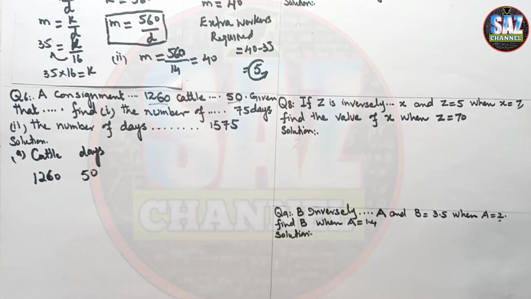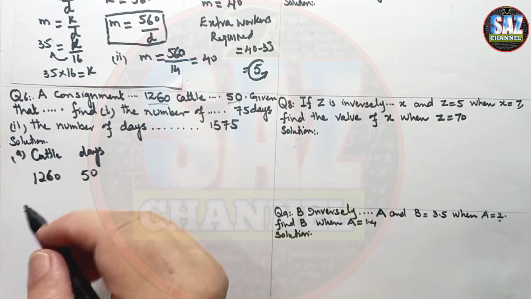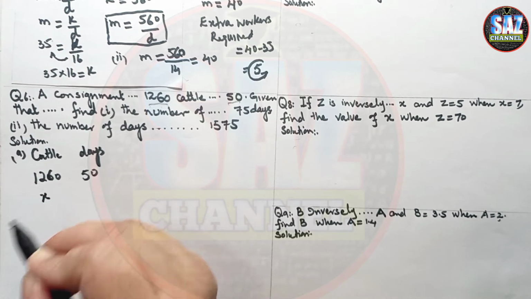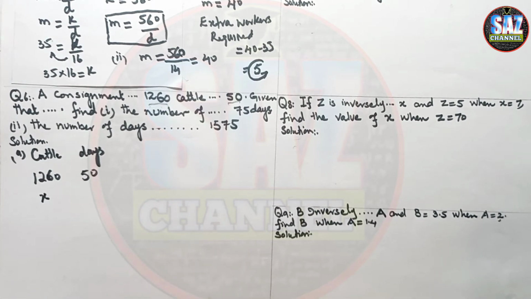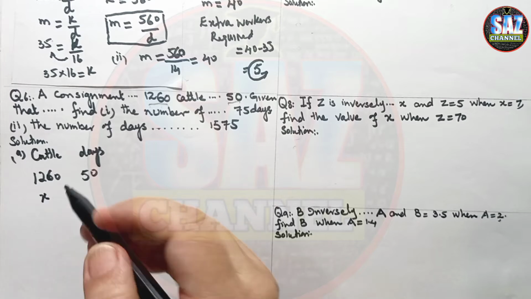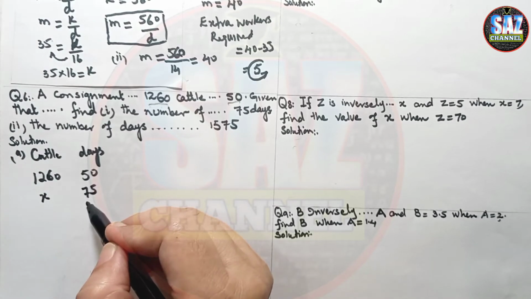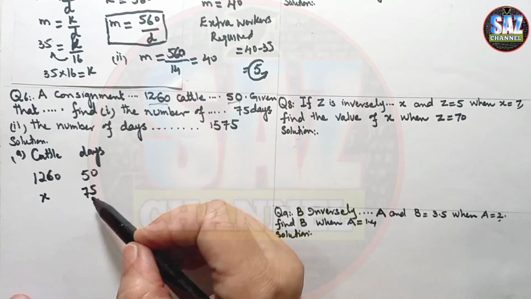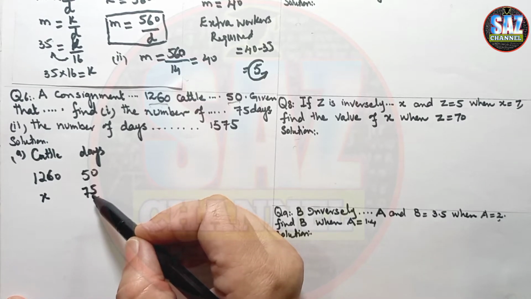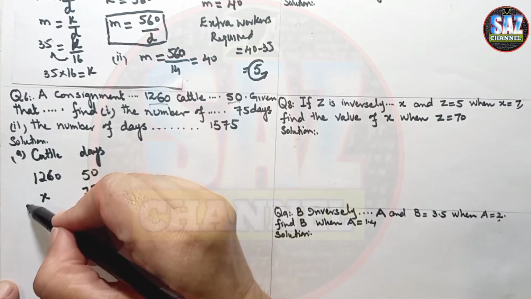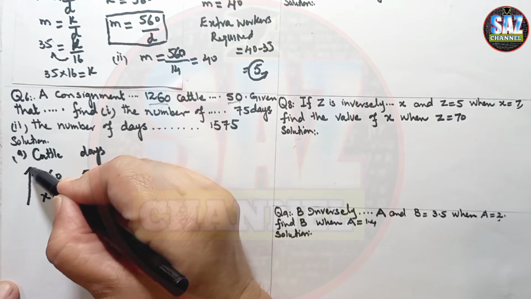The next information says that for the number of cattle, here we assume x, an equal consignment of fodder can feed for 75 days. Now you can see that days have increased. So what will happen to cattle? They will decrease. So this is the situation for inverse variation.